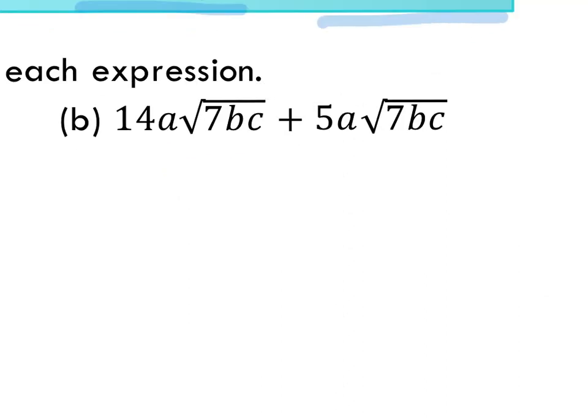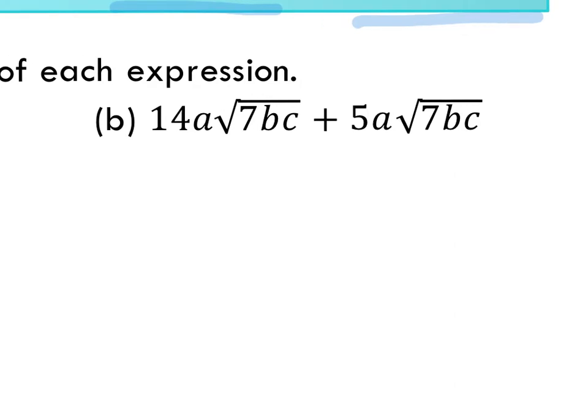For letter B, notice we have 14a square root of 7bc plus 5a times 7 square root of 7bc. So we have our like terms. These match, what's underneath the radicals matches, and they're the same index. So 14a plus 5a would be 19a, and then square root of 7bc. And that's it. Done.